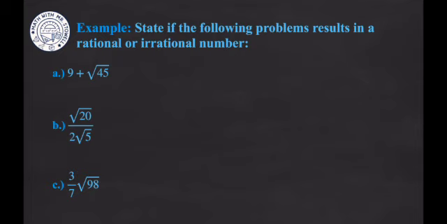So 9 plus square root of 45. Are they irrational? Are they rational independently? What are they? So what we have, 9 we know is a rational number. We know we're adding. Square root of 45, is that rational or irrational? Well, 45 is not a perfect square. So this would be not rational.